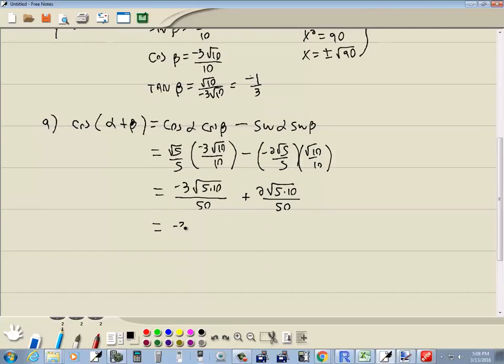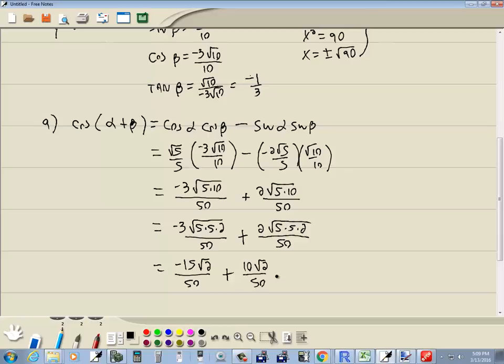Which gives us negative 3 square root of 5 times 10, which is 5 times 2, over 50, plus 2 times square root of 5 times 10, which is 5 times 2, over 50. I can bring that pair of 5's out, and then I got negative 3 times 5, or negative 15, square root of 2 over 50. And here, bring a pair of 5's out, and I got 2 times 5, or 10, square root of 2 over 50.